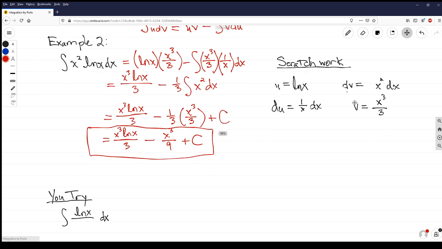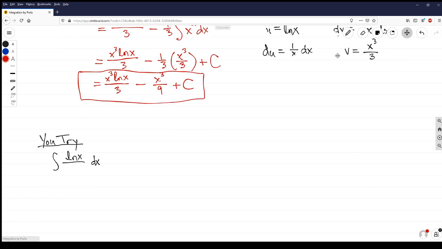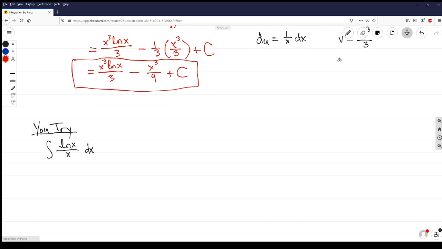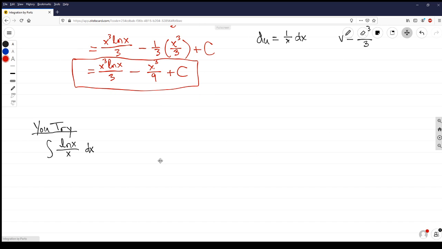Now, I have one final problem for you. The final problem for you to try is to take the integral of the natural log of x over x, multiply that, and I think I wrote that wrong.